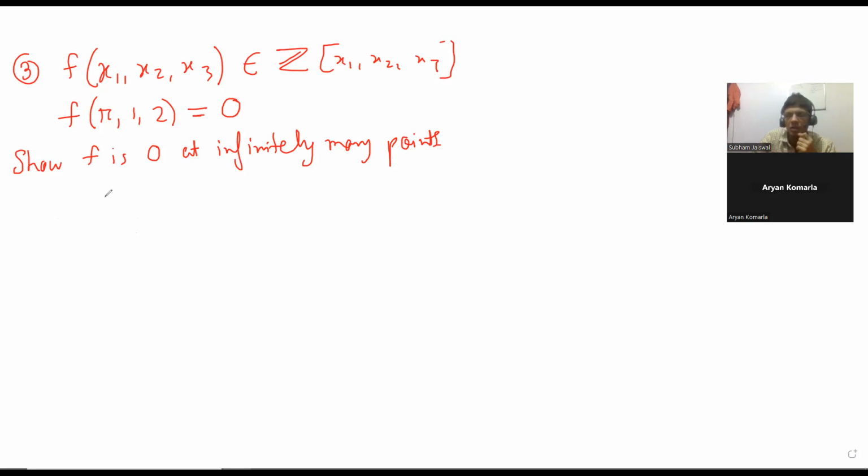It means that pi is not a root of a polynomial with integer coefficients. Even algebraic coefficients is correct, but we just need integer coefficients. So how do you use that?